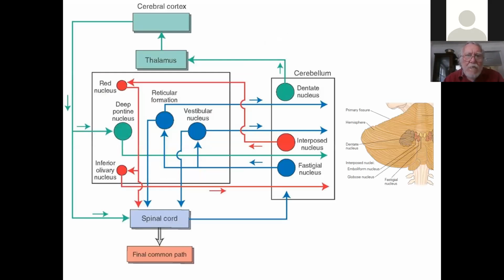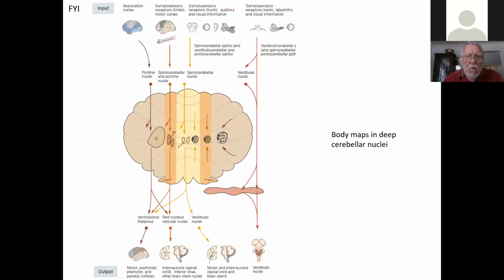So if we now look at this, we see the various types of inputs that go in. Here are the dentate nuclei outputs. Here are the interpositus nuclei, which are globosus and emboliformis. Here are the fastigial deep cerebellar nuclei. So here is how they basically come in.